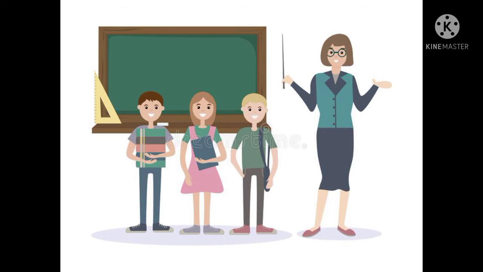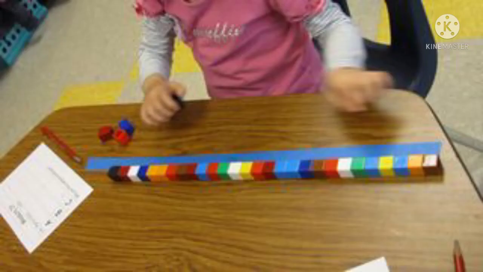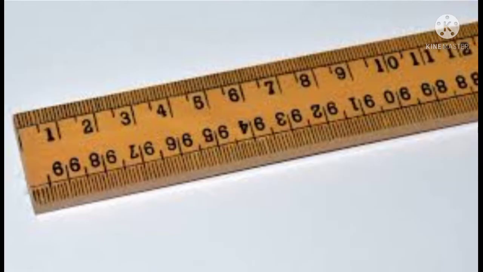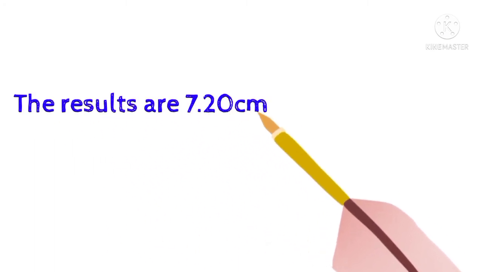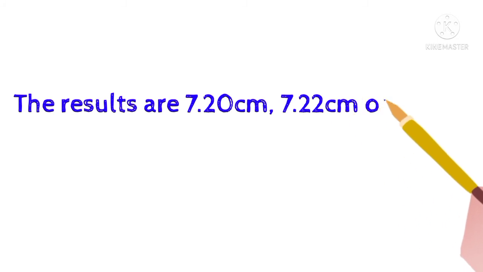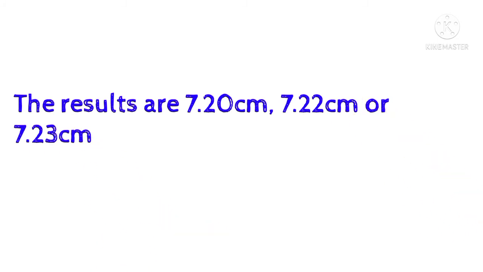Let's do an activity. Suppose we ask three students to measure the length of a stick using a meter scale whose least count is 0.1 centimeter. The results of the measurement are 7.20 centimeter, 7.22 centimeter, and 7.23 centimeter.